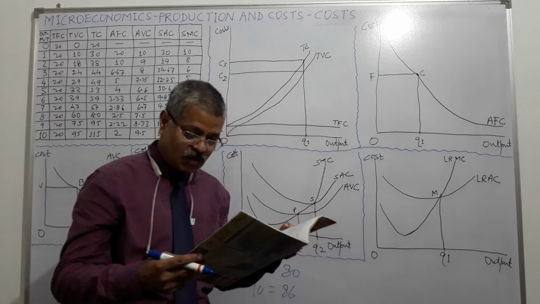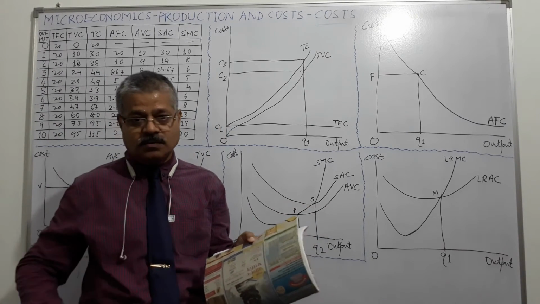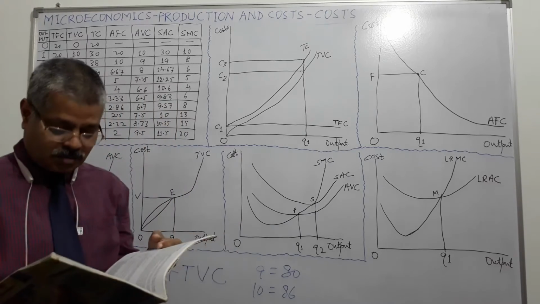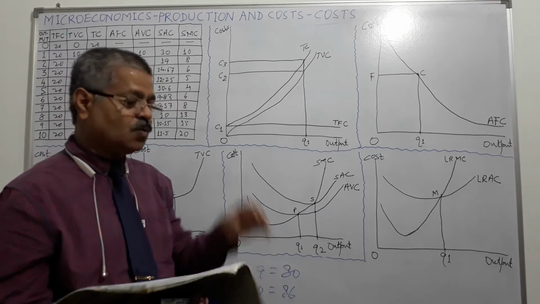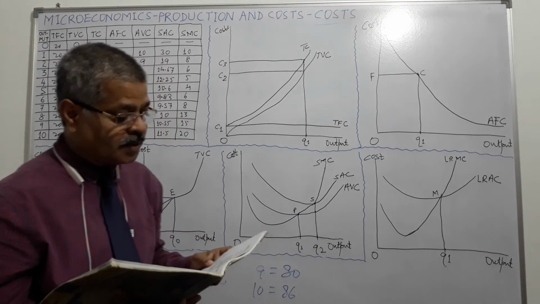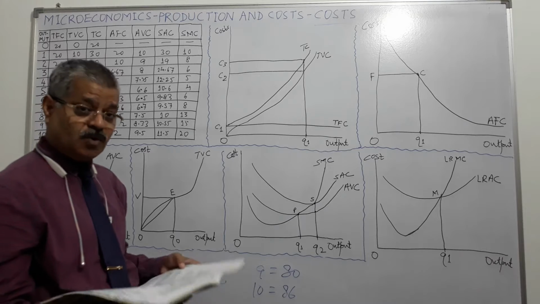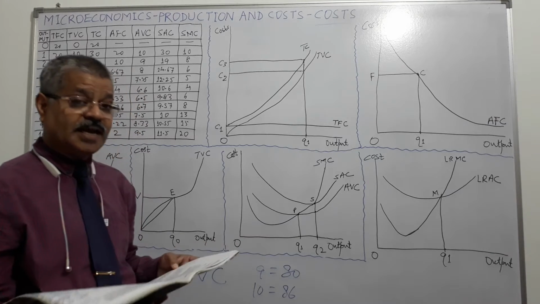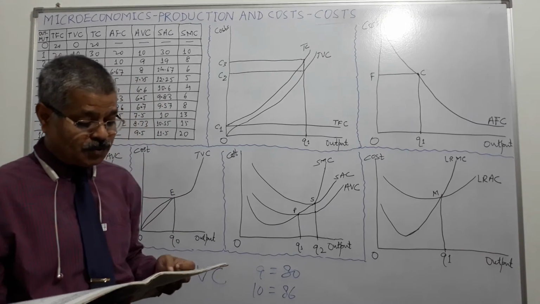Short run average cost is defined as the total cost per unit of output, SAC equals TC upon Q, total cost upon quantity produced, right? Average variable cost is total variable cost upon quantity produced. Average fixed cost is total fixed cost divided by quantity produced.